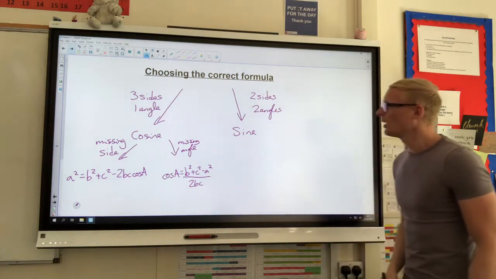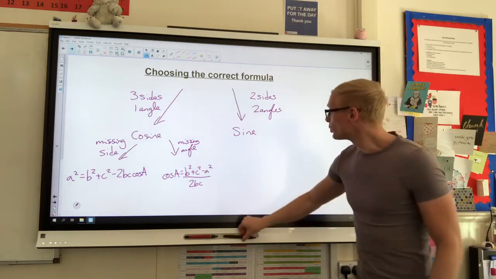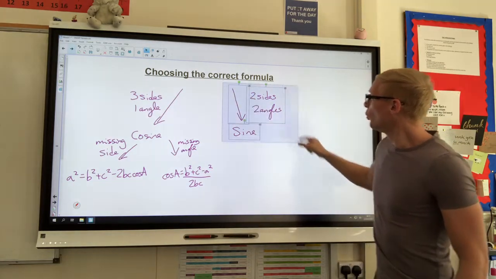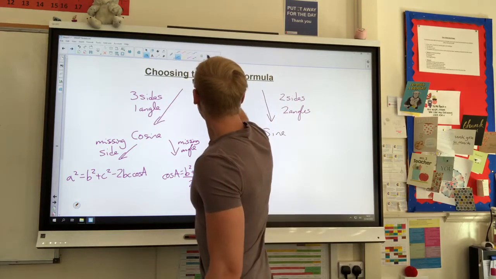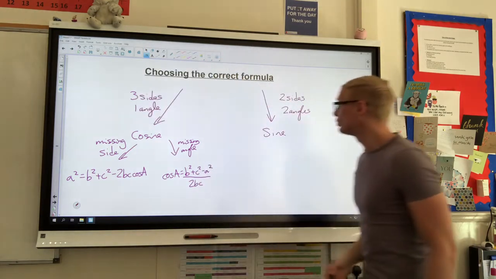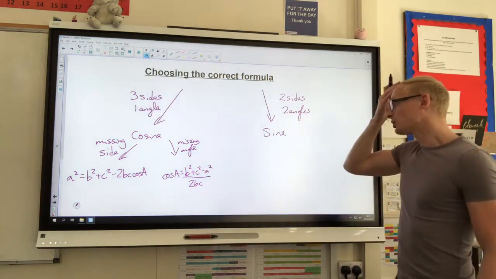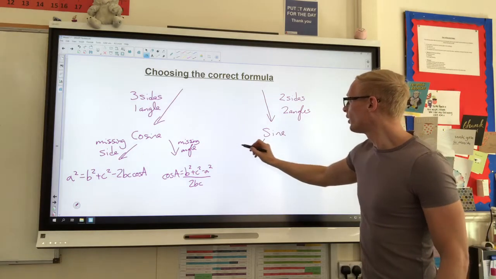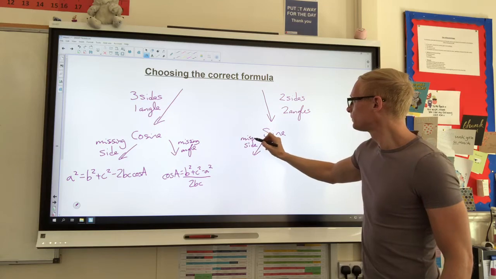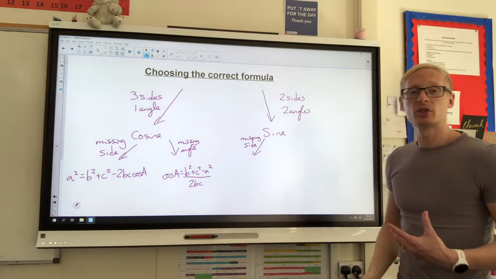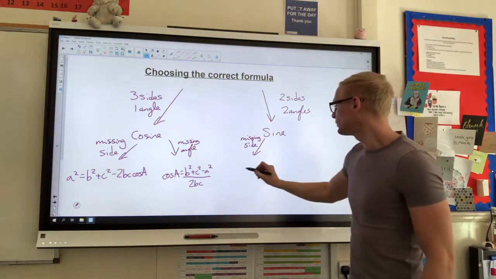Like that. And it's a similar kind of process with the sine rule. So once you're given the necessary information and you've identified that it's going to be the sine rule, it's all about what am I being asked for. So if I'm looking to find a missing side, then I need to make sure the side is on the top of my formula.